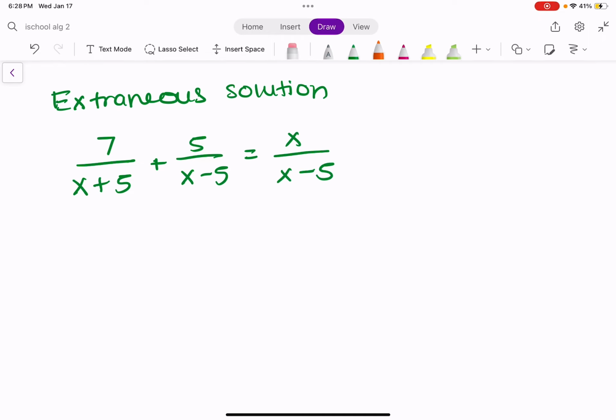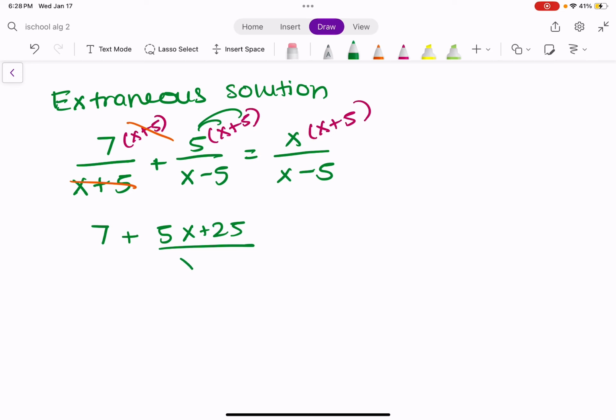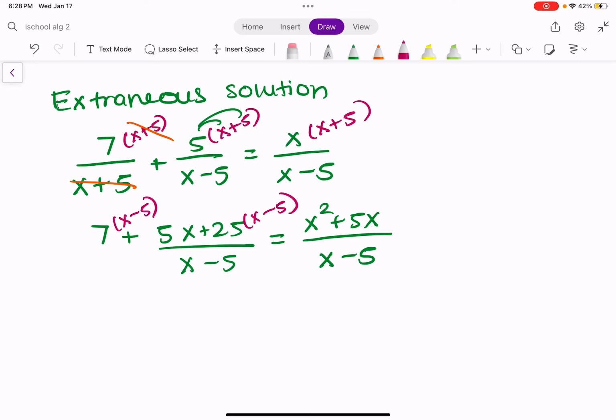Okay. First denominator I see is x plus 5. Cancel, cancel. So I have 7 plus, I'm going to distribute this because why not? Same with the next one. And then I have another denominator, x minus 5, x minus 5, x minus 5.